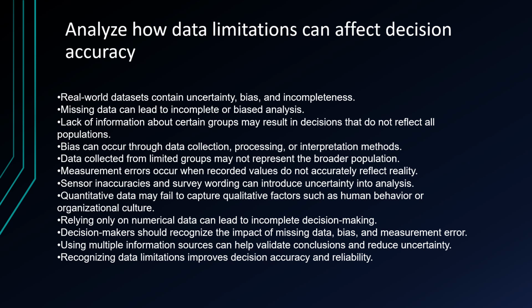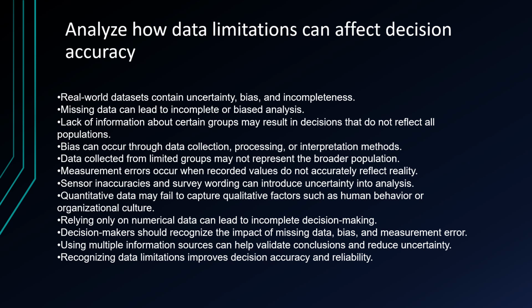For example, imagine a healthcare organization attempting to study patient outcomes while important medical records are absent from the dataset. The resulting analysis may fail to identify critical patterns or may produce conclusions that do not accurately represent reality. Missing data becomes especially problematic when certain groups are underrepresented or excluded entirely. If a dataset lacks sufficient information about particular populations, the resulting decisions may fail to reflect the experiences or needs of those groups.